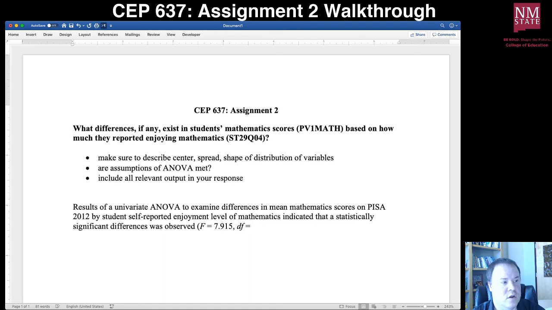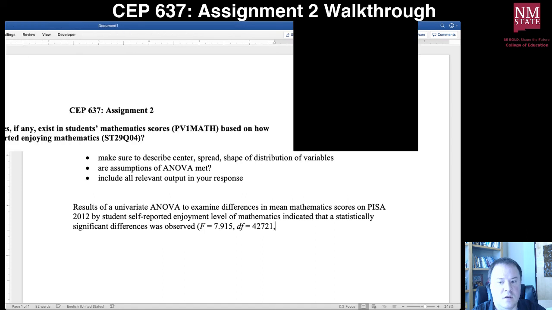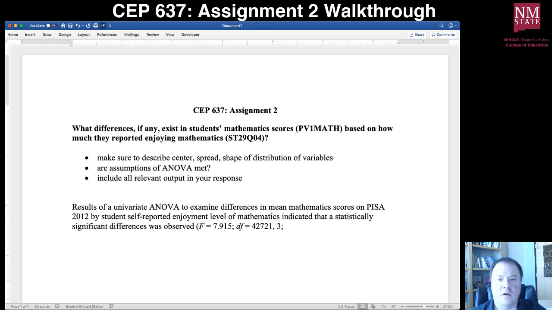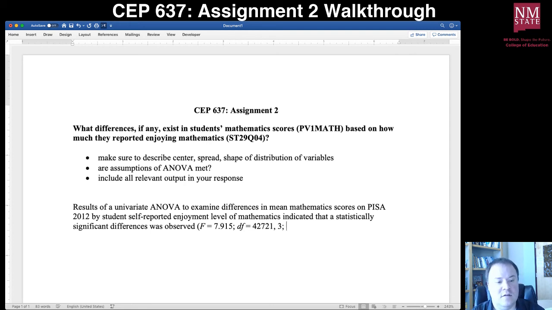So those degrees of freedom are 4 and 27,213. And I need semicolons here. And then we need to say what the p-value was. And it was less than 0.001. And we should report the effect size.